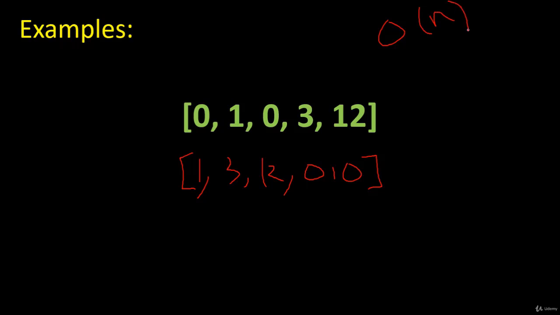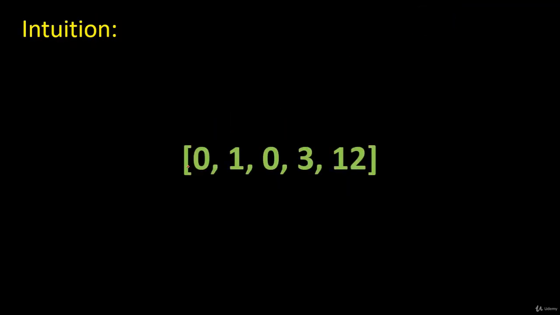Okay, let's see how I think about this problem. If you're given this particular array, then we'll start searching for the non-zero element. Here we see non-zero element 1, so we'll replace the element at the 0th index, which has value 0, with the value 1.